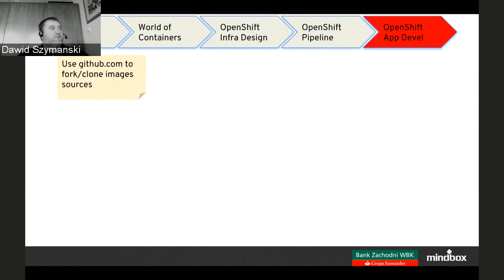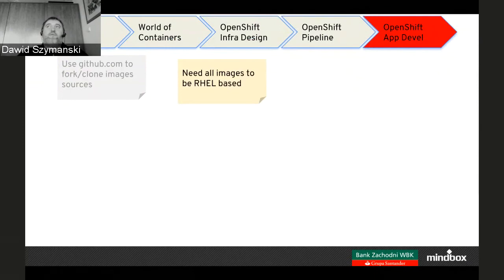First is to use GitHub to fork and clone image sources. So we are not using Docker Hub images. Of course, because we want to be part of the open source community, we are cloning the sources, the Dockerfiles of the images, and sometimes even some sources of the code, and then we are preparing our own images. Why?